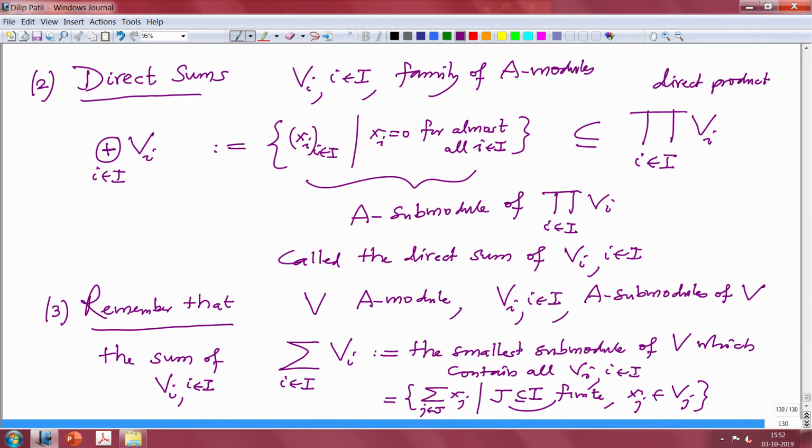This is an abstract definition. It is the smallest submodule, it is the intersection of all submodules which contain all of them, and definitely there is one, namely V. So, now there is a sum and there is a direct sum, and what is the relation? So, let me write down the relation also quickly.